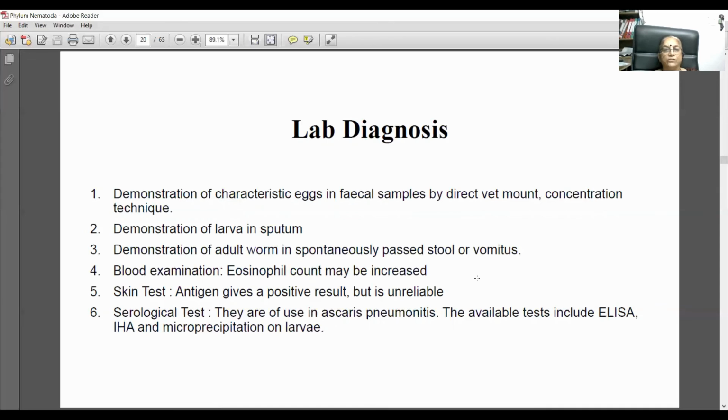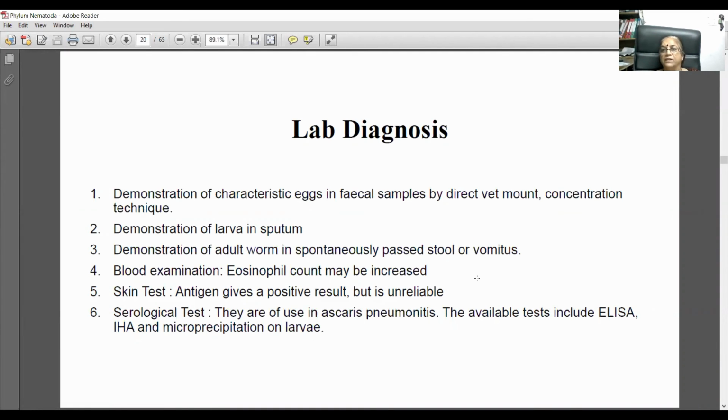Now, demonstration of the eggs in the fecal sample by direct wet mount or concentration techniques, that is it. So, the fecal matter samples have to be collected. They have to be diluted, and a wet mount made, as these eggs float in the concentrated solution of salt.